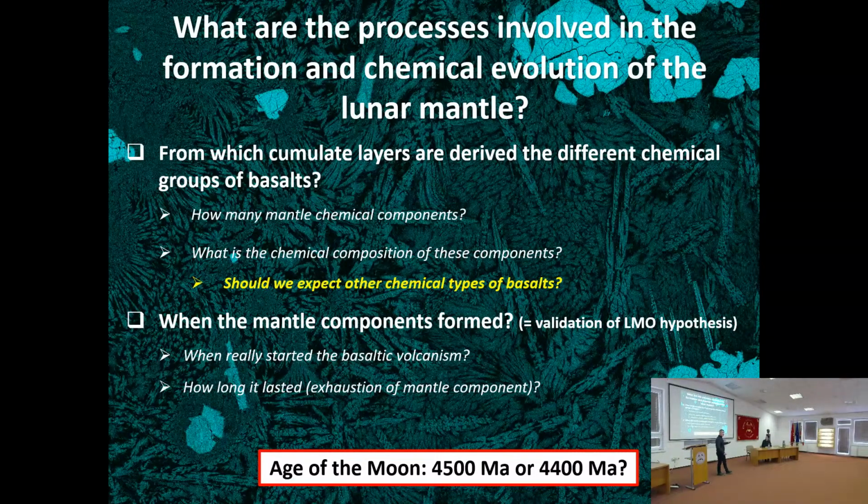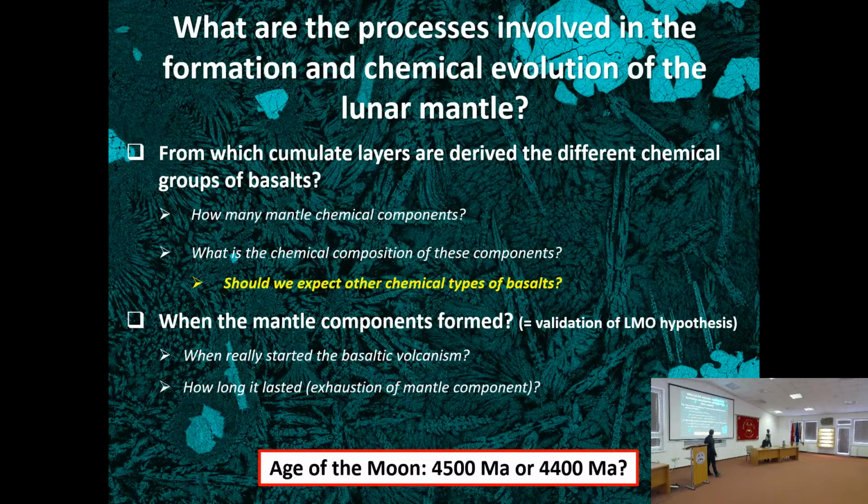And the next big question is, when did the mantle components form? That means validation of the LMO hypothesis. And within this main question, we have these two other questions. When did the basaltic volcanism really start?